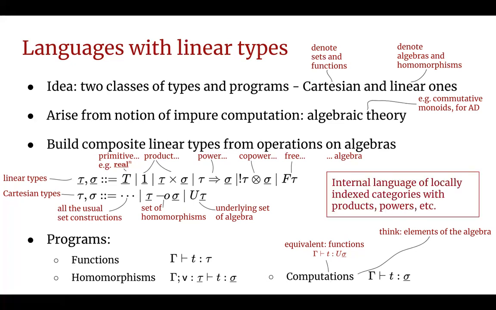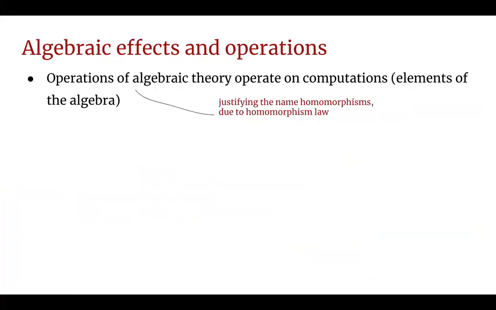Right, so this sort of language you can think of as the internal language of certain locally indexed categories with products and powers and co-powers, etc. And then if you consider linear dependent types, it becomes the internal language of a certain kind of indexed category. Right, where the Cartesian world is the world of the base category, and the linear world is the world of the fiber categories.